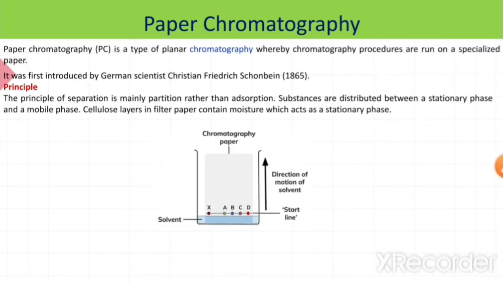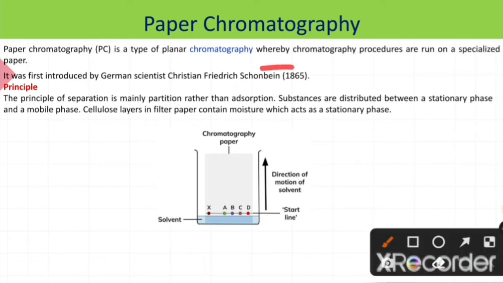Now see, this is very important. Paper chromatography is a type of planar chromatography whereby chromatography procedures are run on a specialized paper. It was first introduced by the German scientist Christian Friedrich Schwaben in 1865.